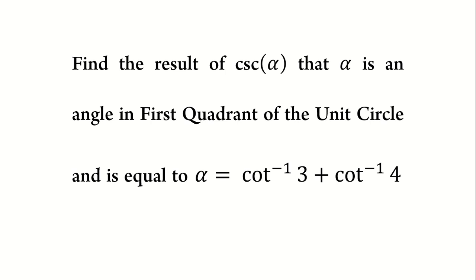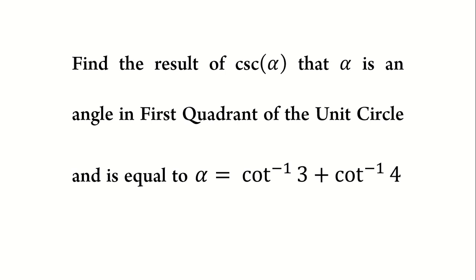Inverse cotangent of something is the angle whose cotangent is equal to that number. For example, inverse cotangent of 3 is an angle which, if we take the cotangent of that angle, we reach the number 3.